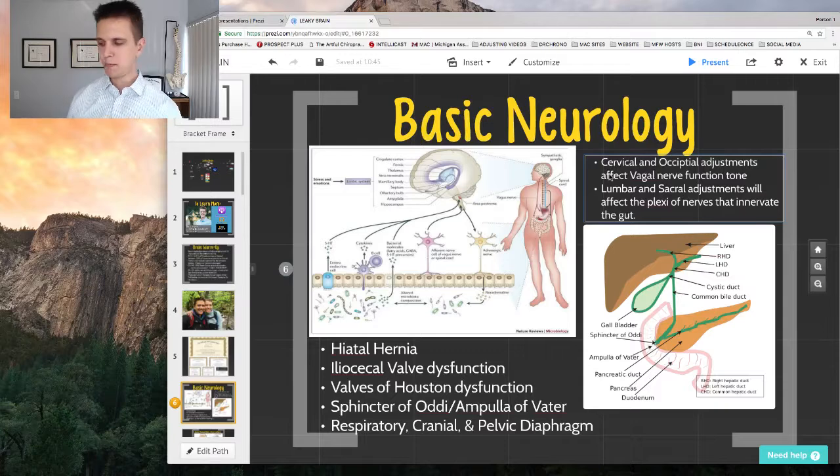So let's go over some basic neurology. When we look at the central nervous system, we essentially have our brain and our spinal cord, okay? So with that in mind, we know that our brain sends impulses down our spinal cord to every tissue in our body, okay? That is the master communication system or mechanism for our entire body.